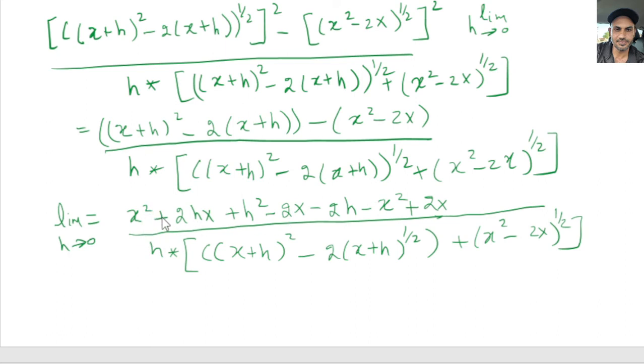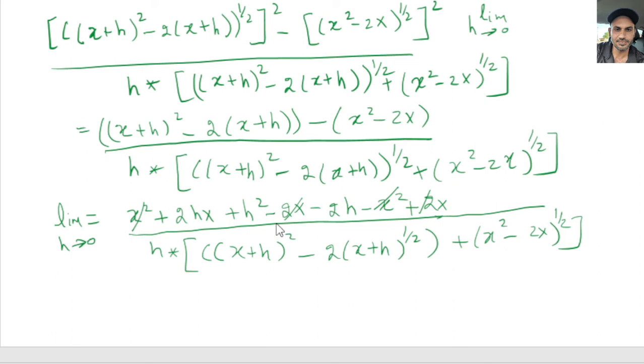So if we combine the like terms in the numerator, this x squared cancels out. Anything else? This 2x cancels out, plus 2 and negative 2, they cancel out each other. So you're left with just 2hx plus h squared minus 2h.